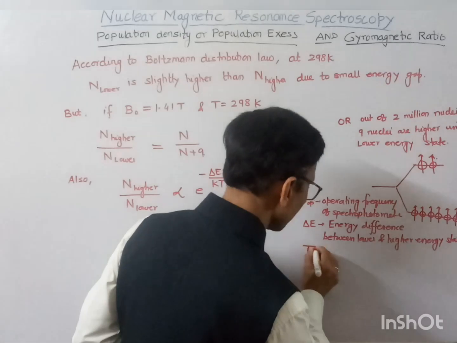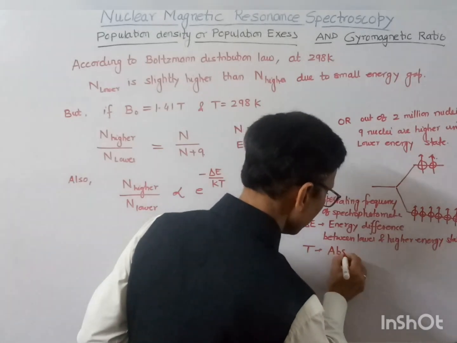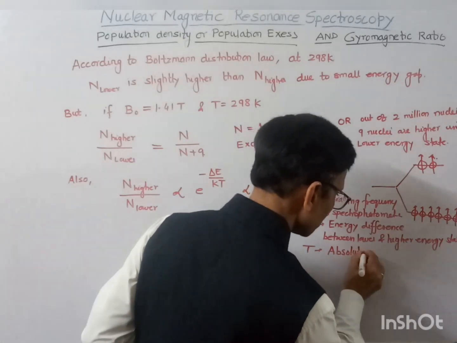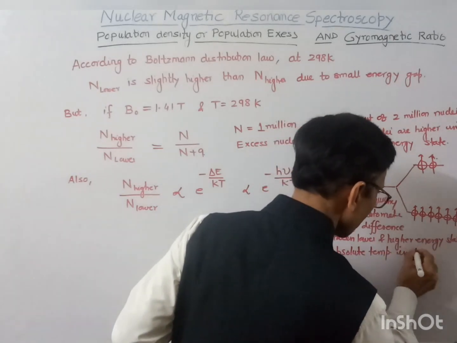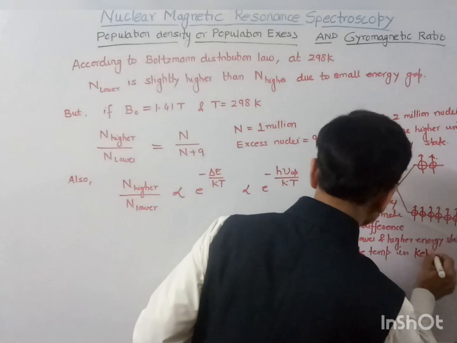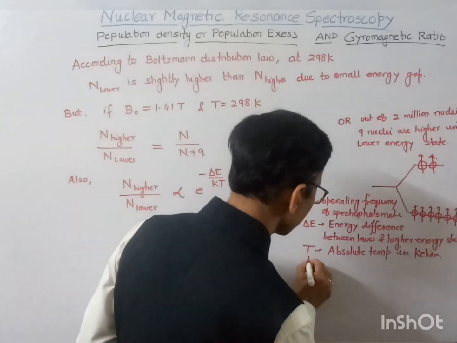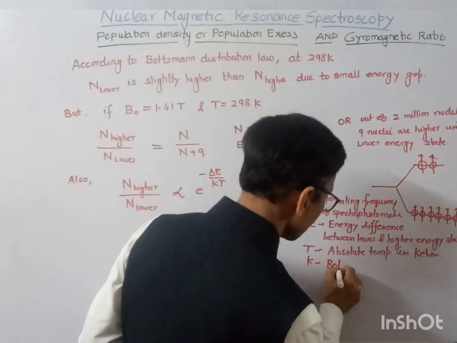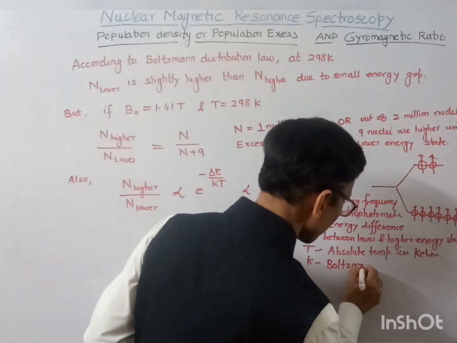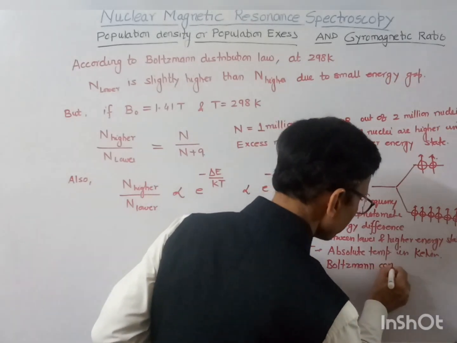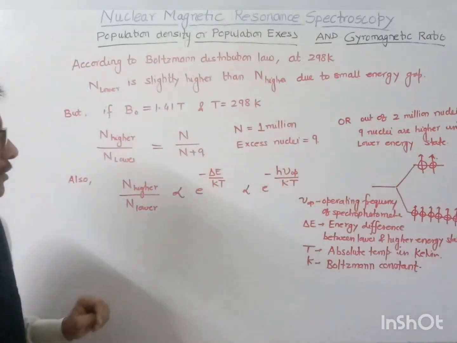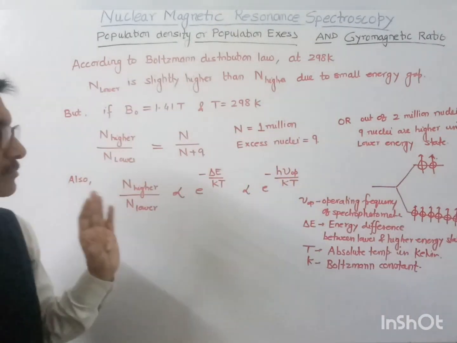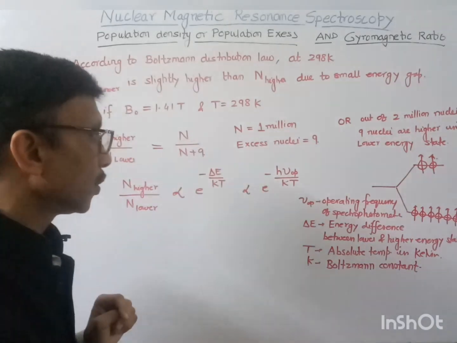T is the absolute temperature in Kelvin, and k is the Boltzmann constant. So this is according to the Boltzmann distribution law.